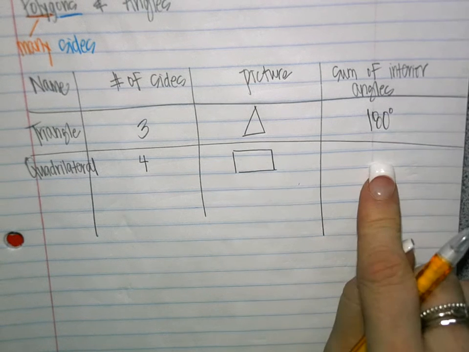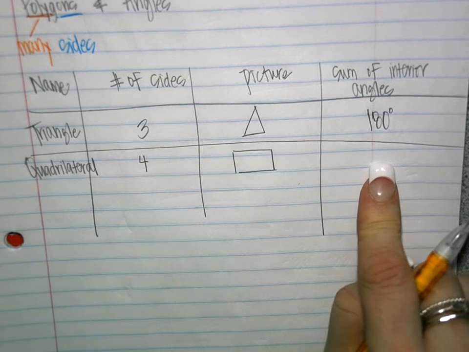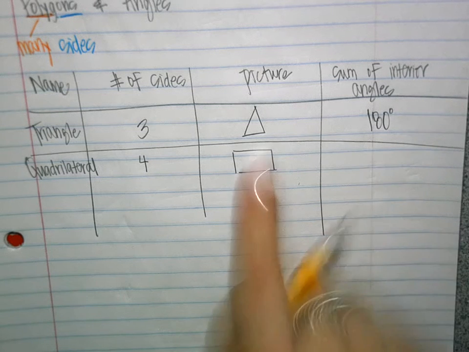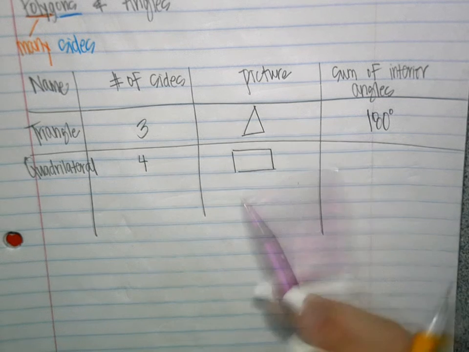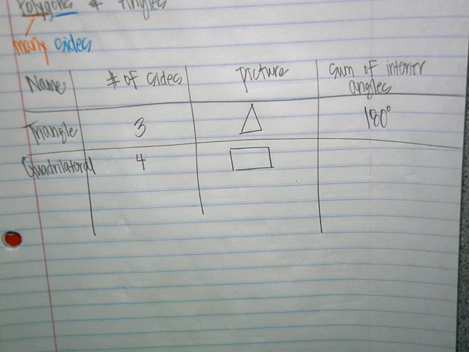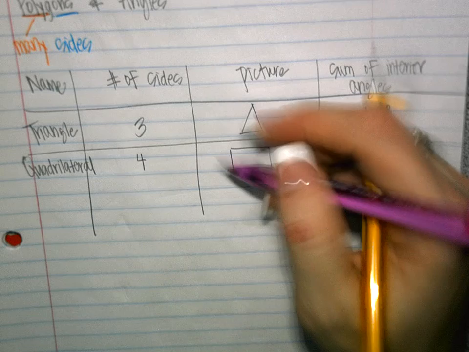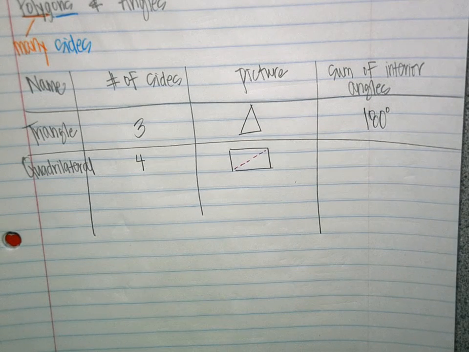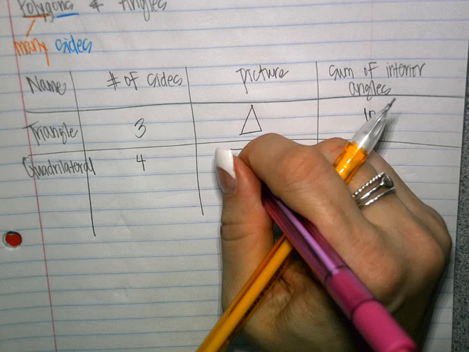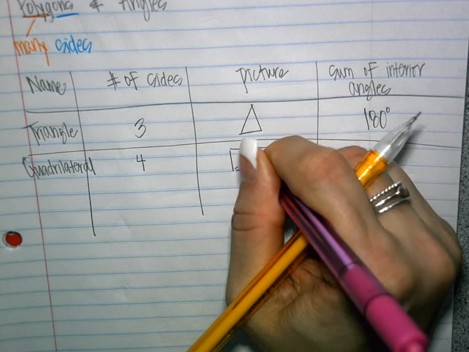Now, the way to figure out the sum of its interior angles is if we know that a triangle has 180 degrees inside. How many triangles could you make out of a quadrilateral? 2. Okay, if you drew a little dotted line, that makes 1 triangle, 2 triangles.